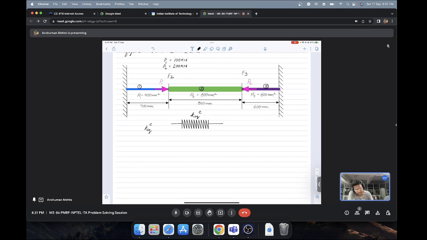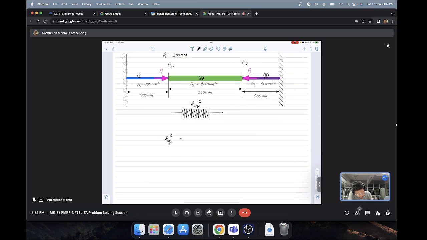And its value is EA by HE, HE being the length of the element. So this is our K equivalent.